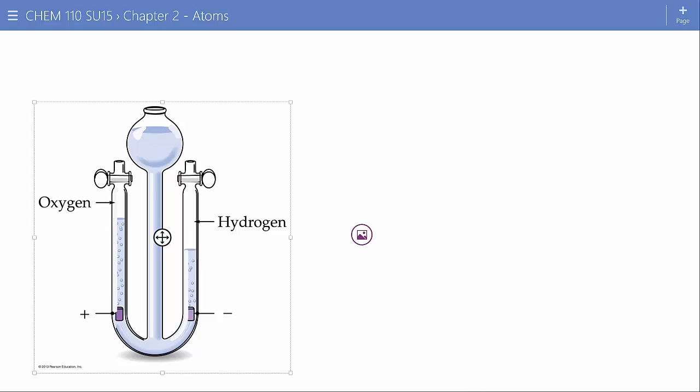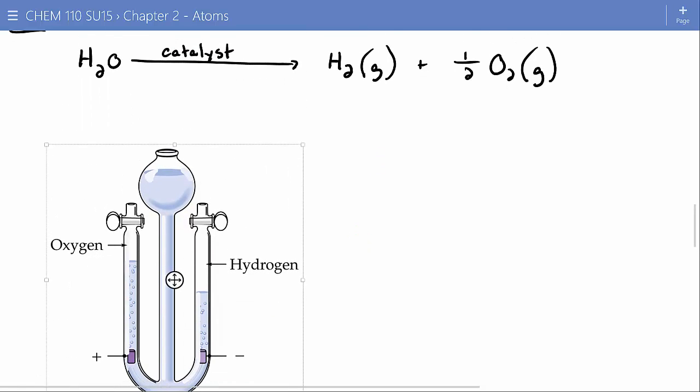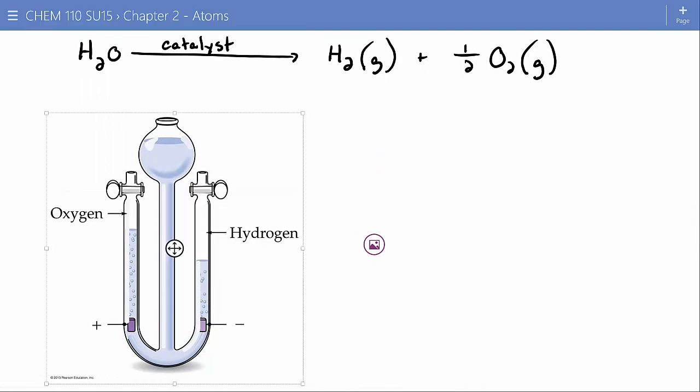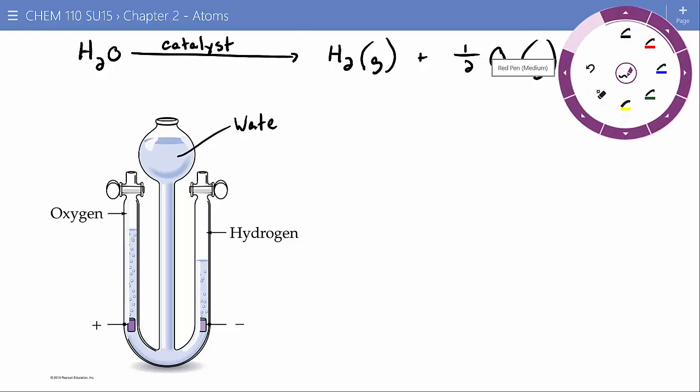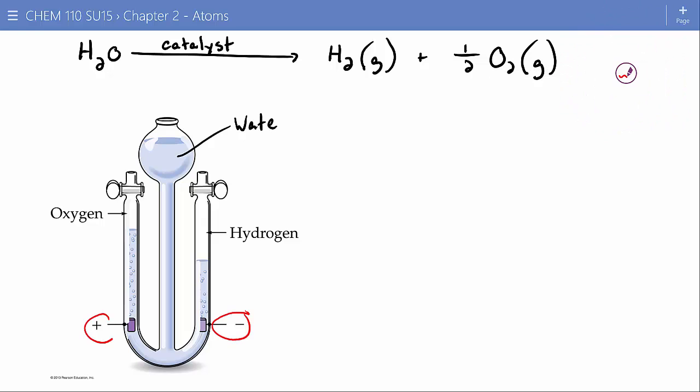And if you look at our current setup that we use, it looks a little bit like this, where you have this big bulb of water on the top. And what you do is you apply a current to some electrodes. And these electrodes are down on the bottom, and we'll talk more about electrodes when we get to our battery section. But what ends up happening is you create those two gases, your hydrogen gas and your oxygen gas.